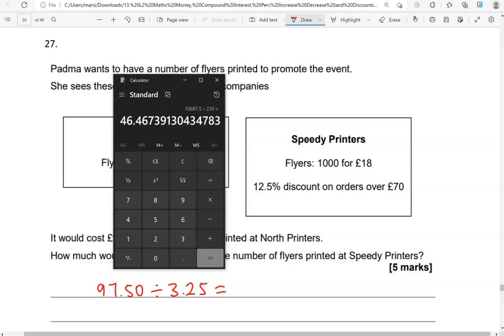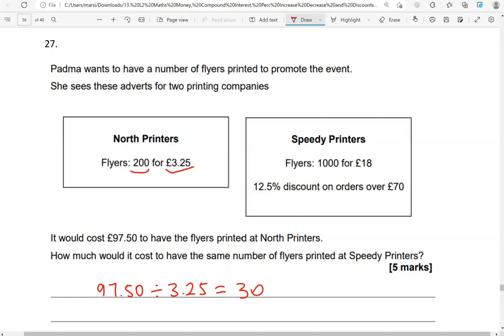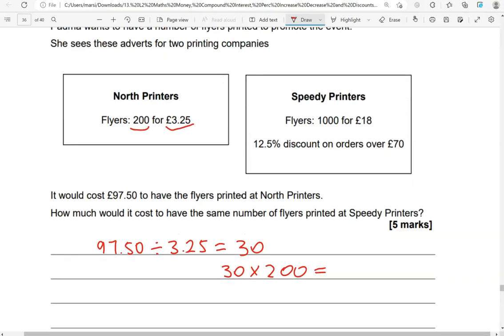So using a calculator, 97.5 divided by 3.25, which is 30. So we know now 30 times 200 leaflets were ordered. 30 times 200, that is 3 times 2, which is 6. Adding 1, 2, 3 zeros to that, which is 6,000.